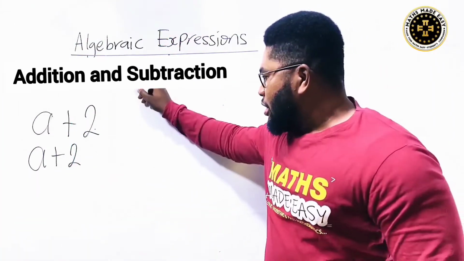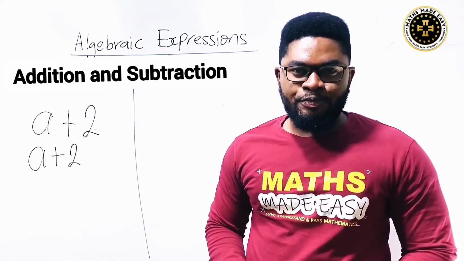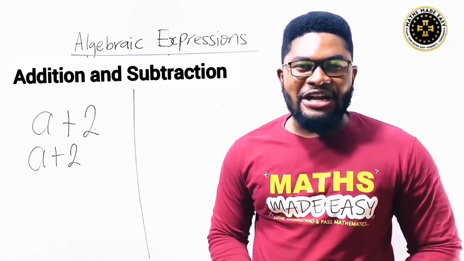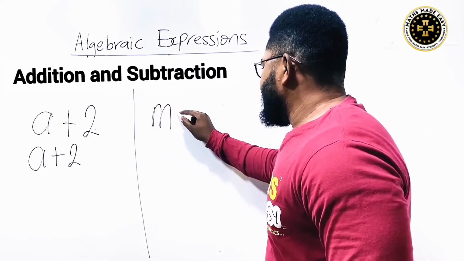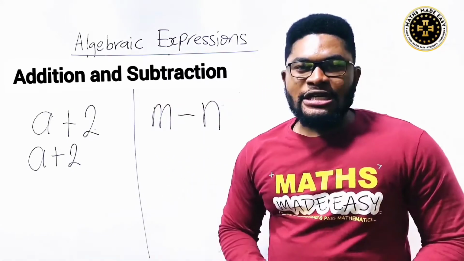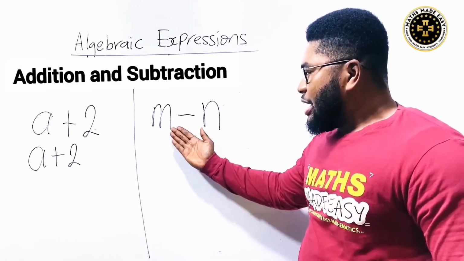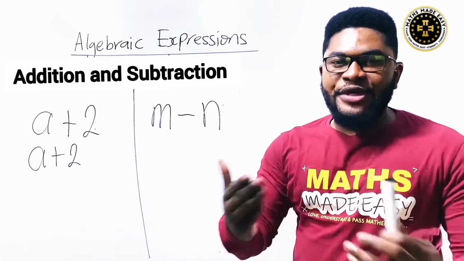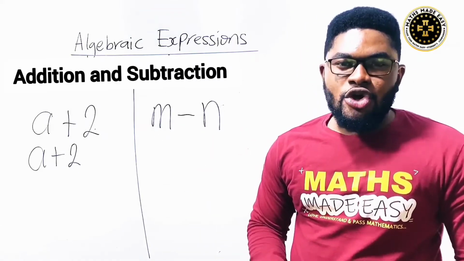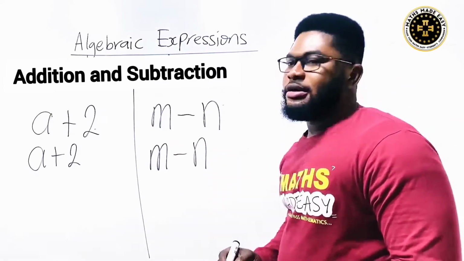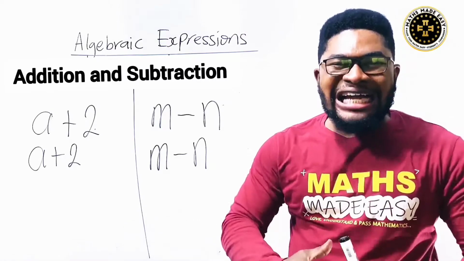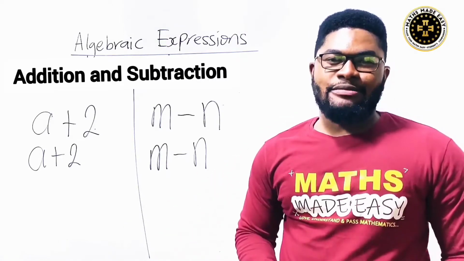Also, let's take another rule. When I have two different variables, for example, m minus n, since we are subtracting m and n, they are not like terms. So we will leave our answer m minus n, because we cannot add or subtract unlike terms.